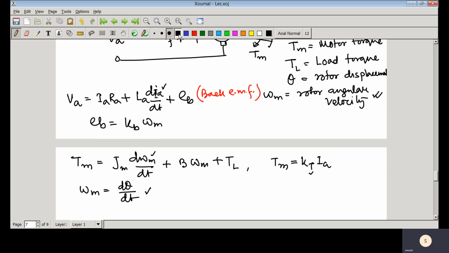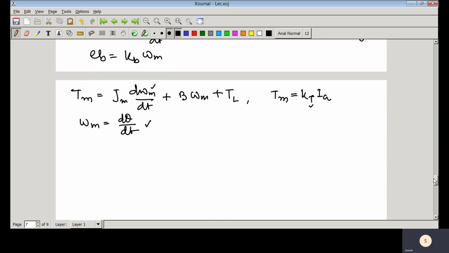So if we write those equations in matrix form, we have di by dt, then d omega by dt, then d theta by dt. These are the 3 differential equations.